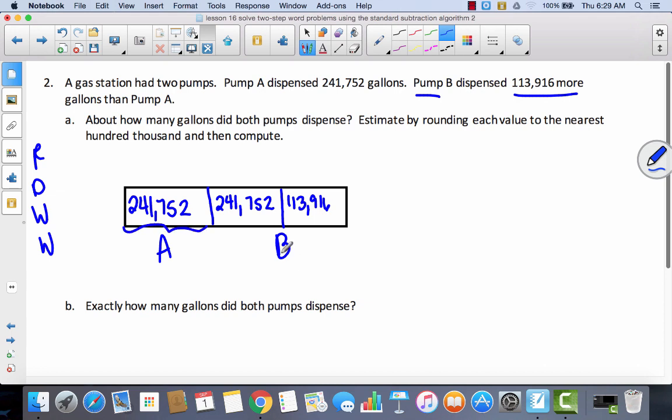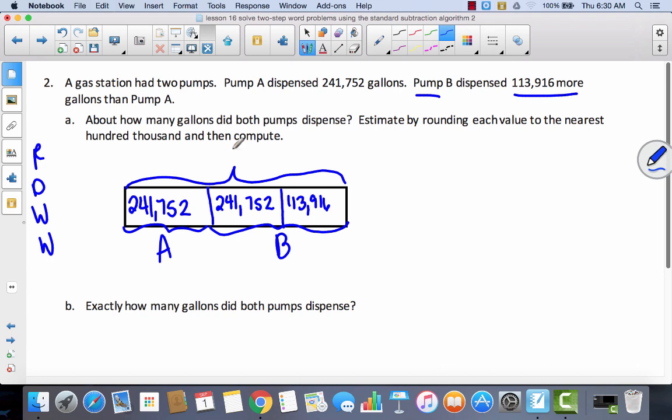Well, pump B dispenses as much as pump A and this much more. So pump B would be this together. So the question wants to know about how many gallons did both pumps dispense. So this, my total this time, is going to be what I'm trying to find.